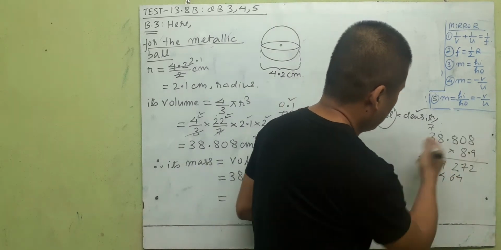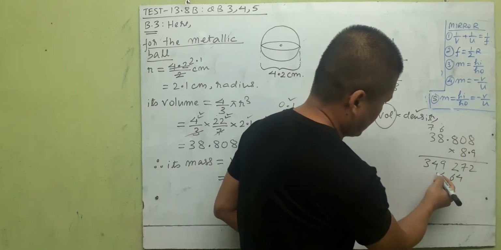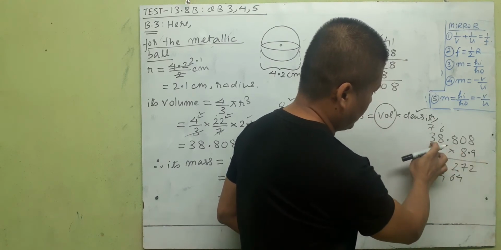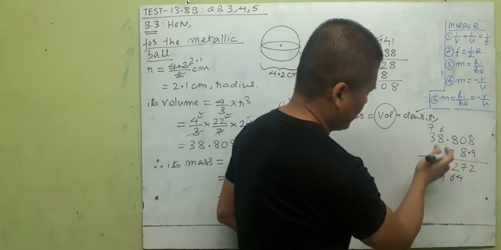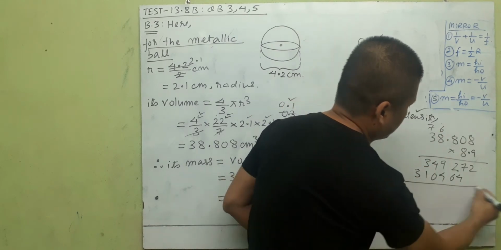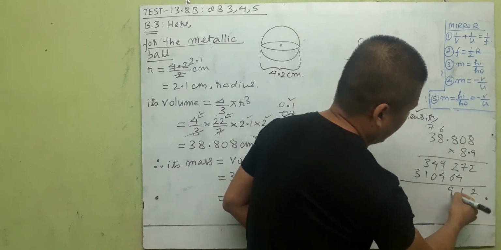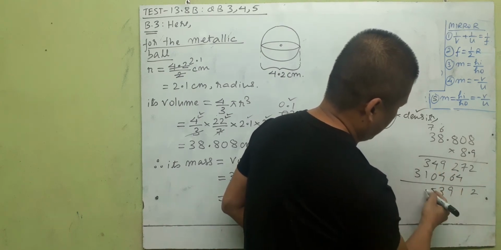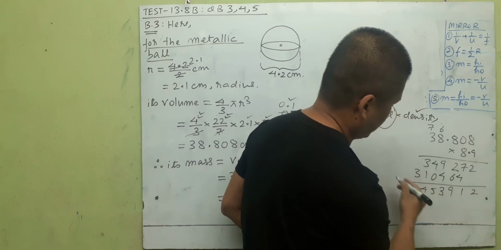Then 8 8s are 64 plus 6, 70, so 7 in hand. 8 3s are 24 plus 7, 31. So 2, 11, 9. Then here 13, here 5, here 4, and then here 3.